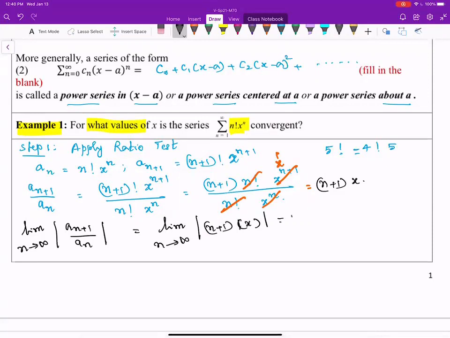N plus 1 is always positive, so you can take it out of the absolute value sign, but here you have to put the absolute sign on x. As n approaches infinity, this is going to be infinity whenever x is not equal to 0.